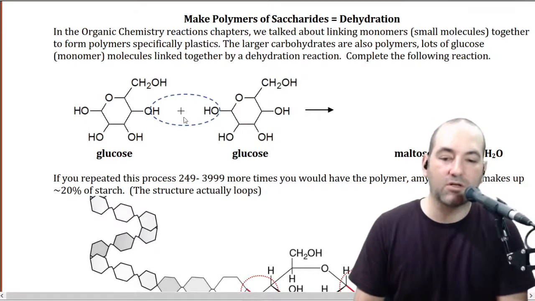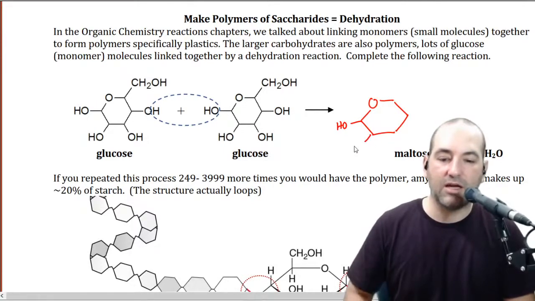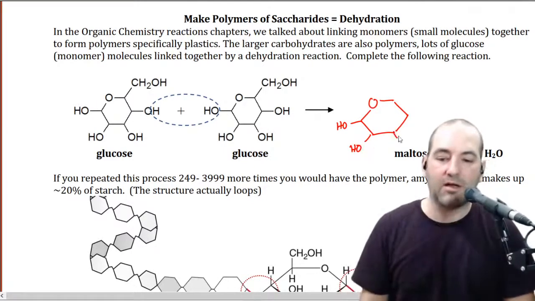So if you take two glucose molecules and link them in a particular way, then we get maltose. So we can draw that. Remember, just like with the other organic reactions we learned last time, we don't want to change too much. We don't want to change anything except exactly what's happening in that particular reaction.